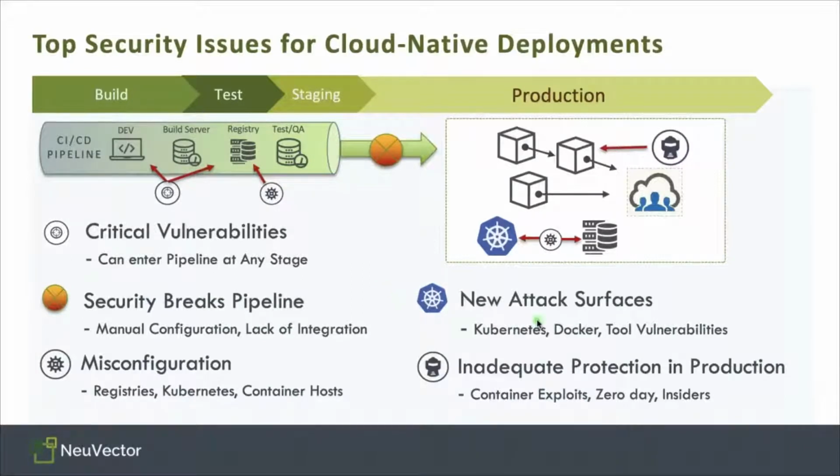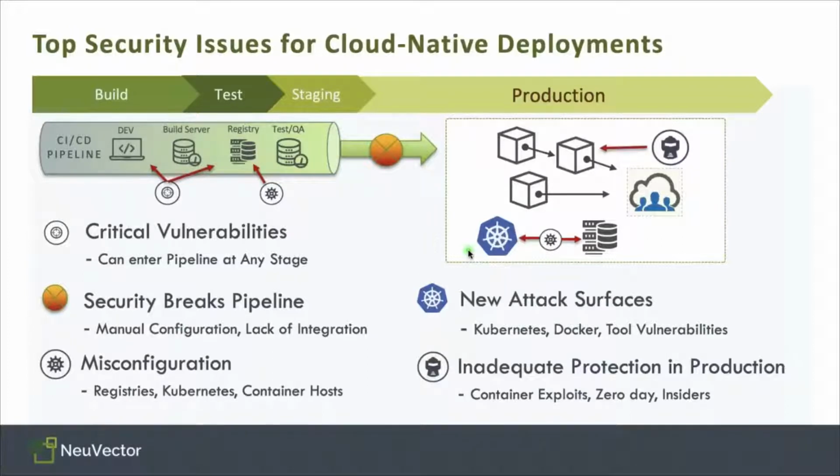Now, in addition to the three I just talked about, in the production environment, there's also new attack surfaces. So, we've been focusing on the containers themselves and how they could be attacked. But what about the tools that are being used in the production environment? Specifically, what about the orchestrator or other critical tools that you're depending on?